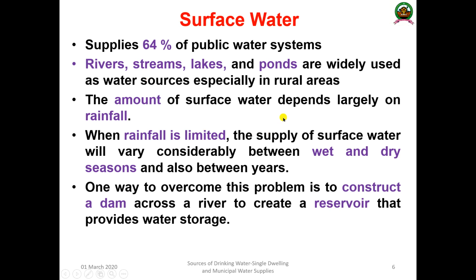The most important method for the preservation of water is to construct a dam across the river or create reservoirs, which provide a water storage facility. River water harvesting or rainwater harvesting is also very important.